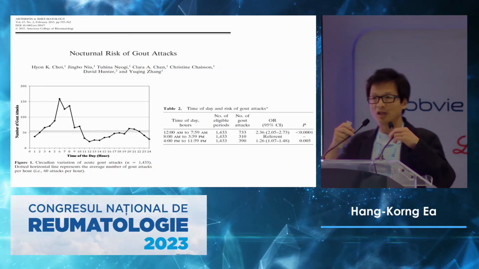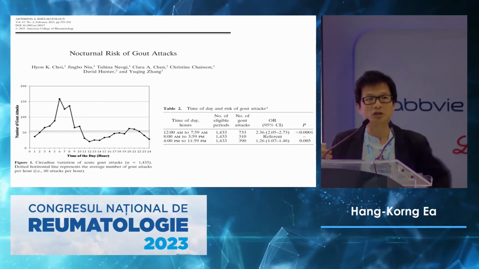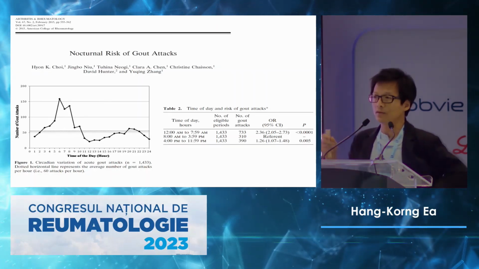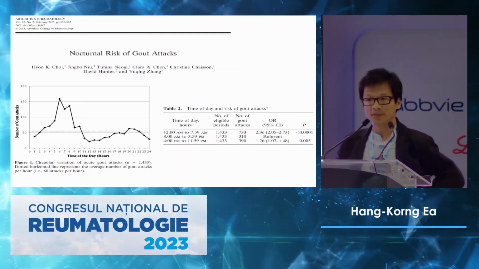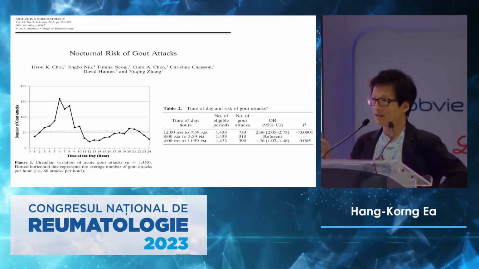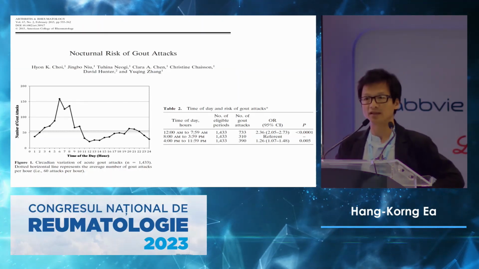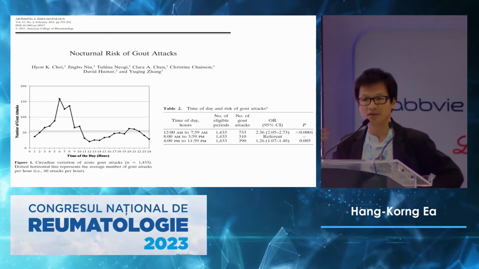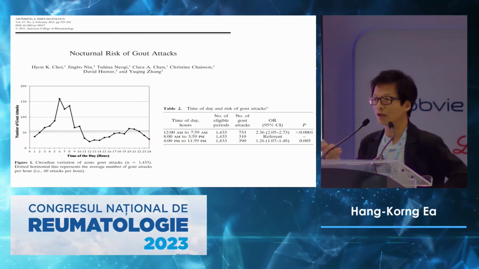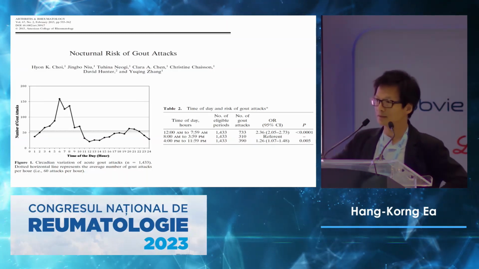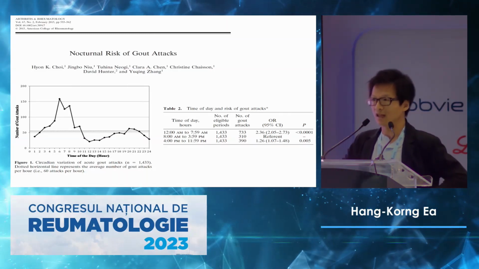The other paper I want to discuss tries to understand why gout flares occur mainly in the morning. We know that, we experience that with our patients. They always tell us that when they awake in the morning, they have the flare.